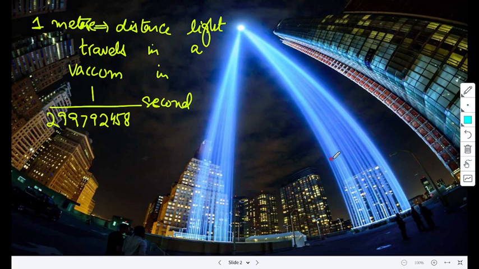What is 1 meter? 1 meter is the distance light travels in a vacuum in 1/299792458 of a second. So this is very specific. Light travels the same speed throughout the entire universe. So even if you're on Jupiter, you can explain this 1 meter unit to a native that lives on Jupiter.